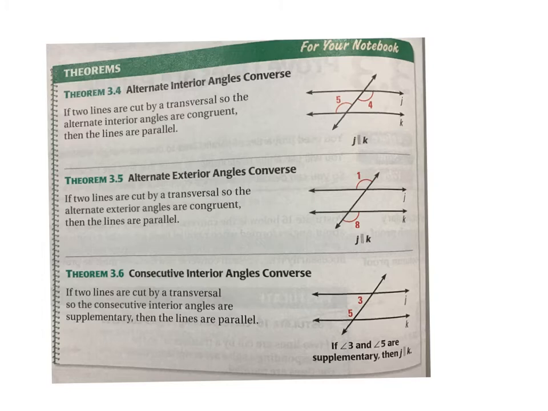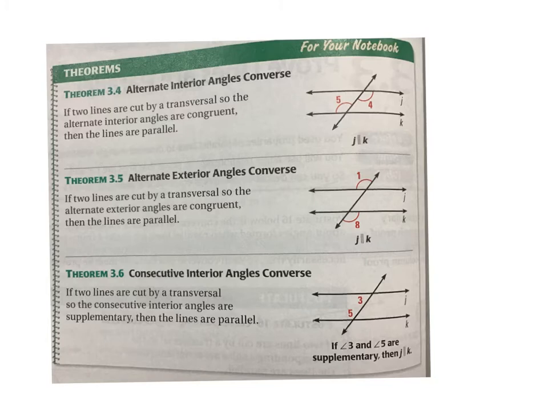Again, we've had these proving if we had 2 lines that are parallel, these alternate interior angles equal each other, right? Well, now we're just going backwards. So now I'm saying if I have 2 alternate interior angles that are congruent, then those lines got to be parallel. Same thing with Theorem 3.5, alternate exterior angles. If they're congruent, then the lines are parallel.